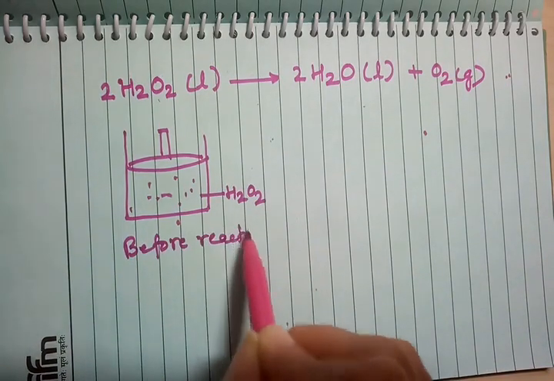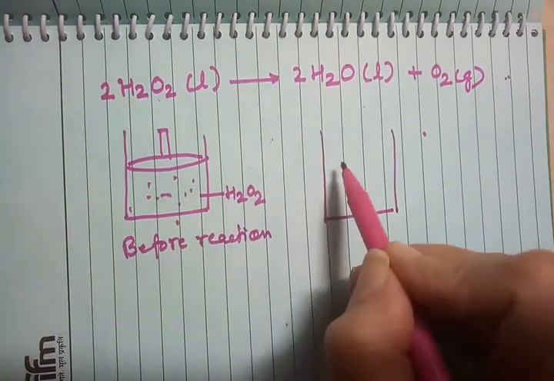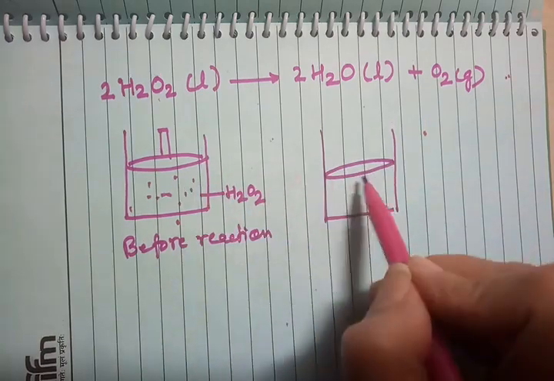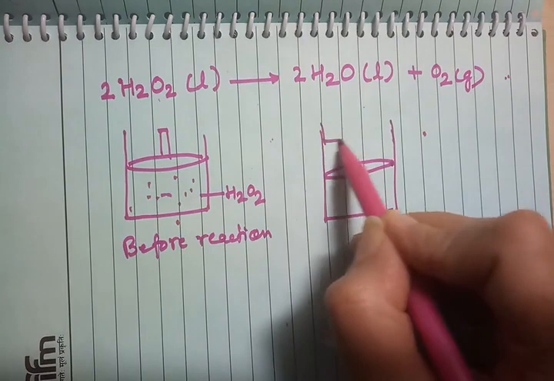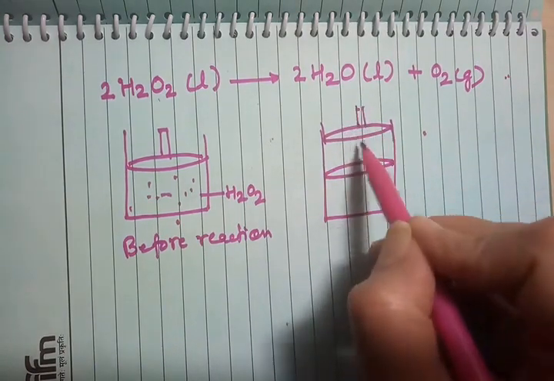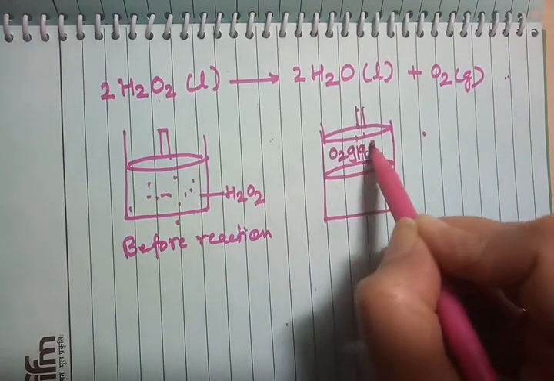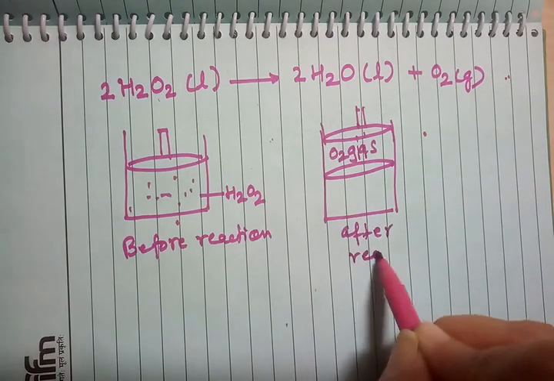After the reaction, what happens when this H2O2 completely decomposes? Initially it was the volume of H2O2. After decomposition, when there is an evolution of oxygen gas, this is the oxygen gas which is evolved here. This is the situation after the reaction.